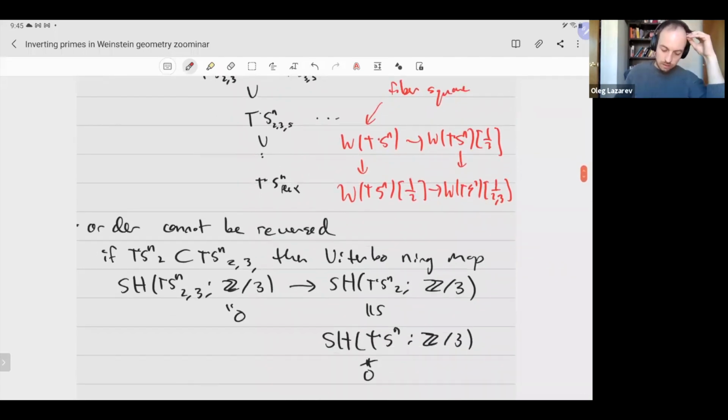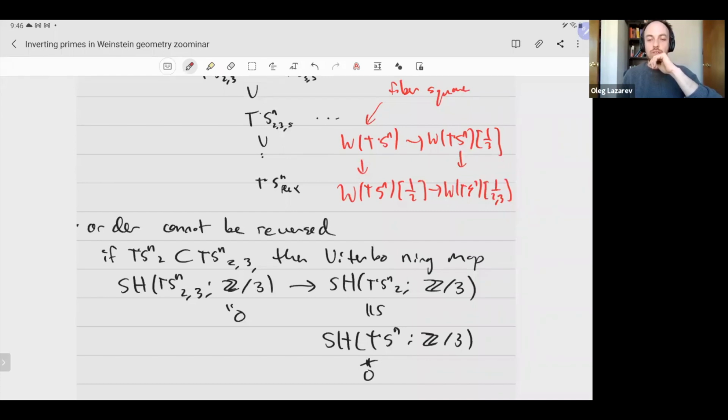this SH on the left will be 0, because you're inverting 3, but you're also looking with Z mod 3 coefficients, so that's 0.